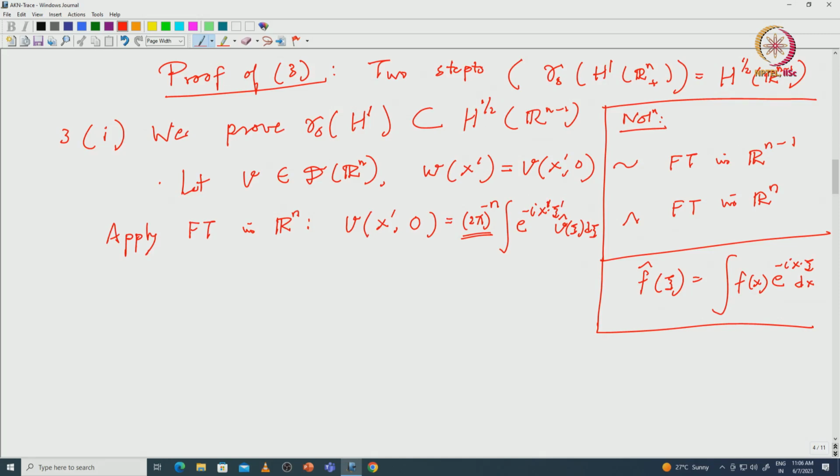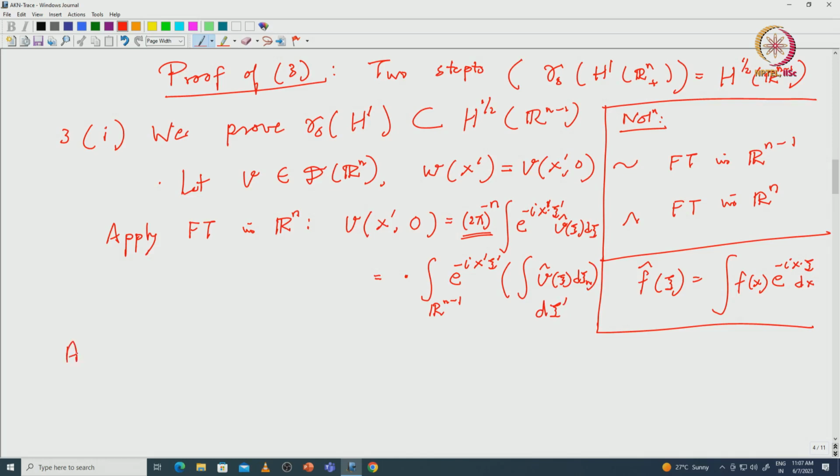So, this is the same, with that constant, in Rn minus 1, and then e power i x prime psi prime, because with xn equal to 0 the psi n coordinate vanished. So, I will write the integral of v hat of psi d psi n, with the d psi prime. So, you see you can write that.